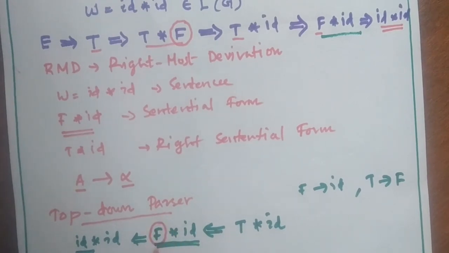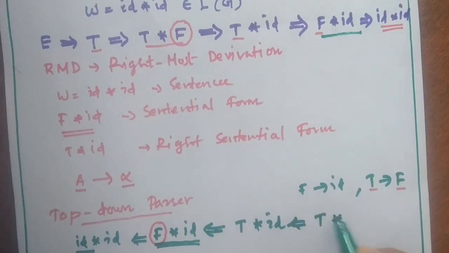That substring is F, and that F is the right side of a production, and it replaced that substring by the left side of the production. So T star id.